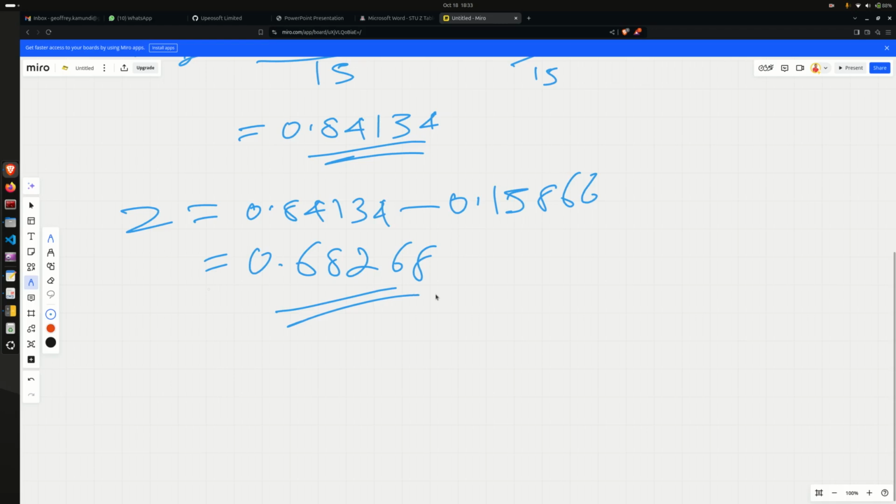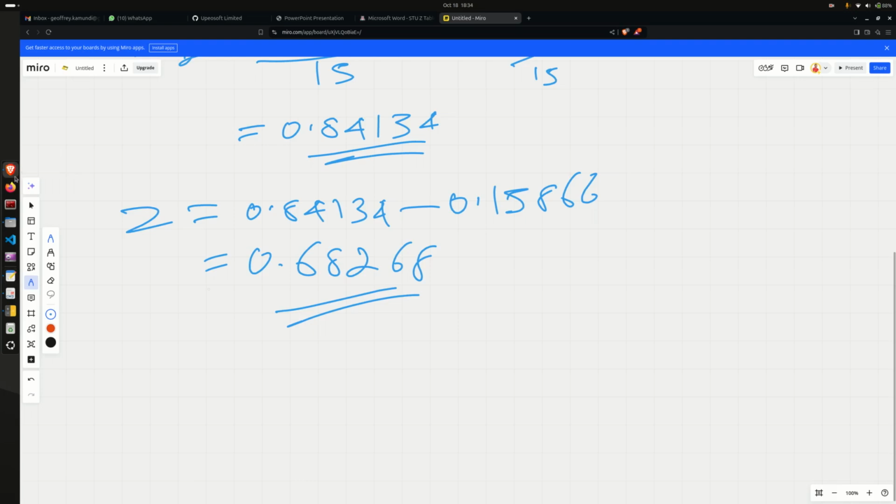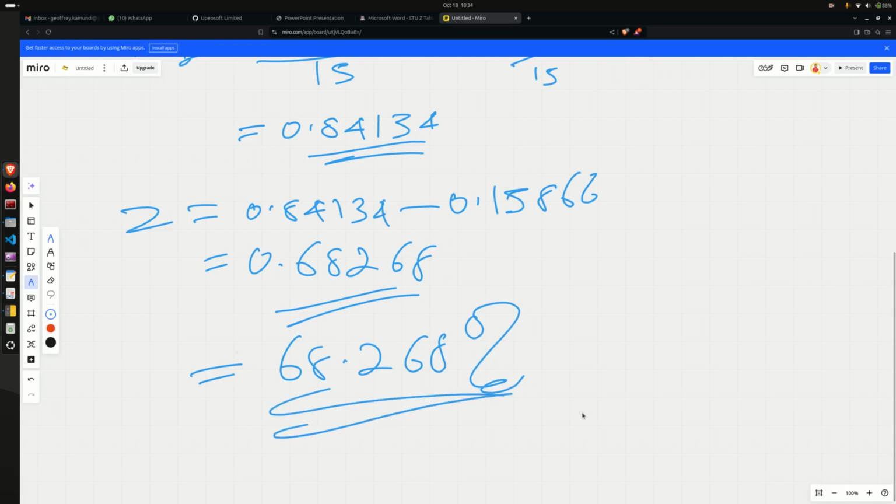This is the area that we are looking for, the probability of getting that. But let's go back to the question. We asked about the percentage. When it is a percentage, you need to multiply this by 100. So the percentage equals 68.268%, and that is the answer.